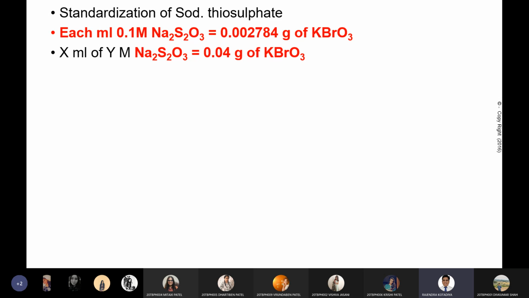So in place of X we may write 30 ml, and for 0.04 gram of KBrO3, how much?